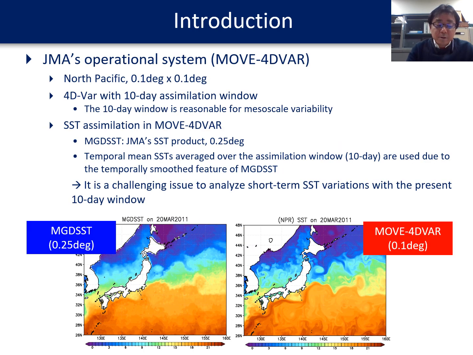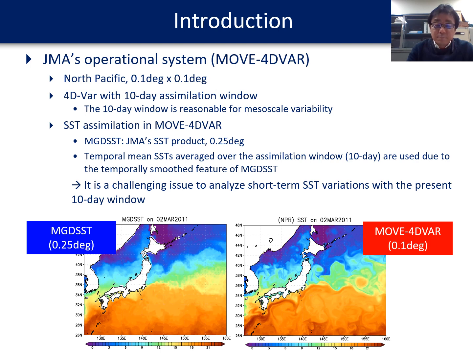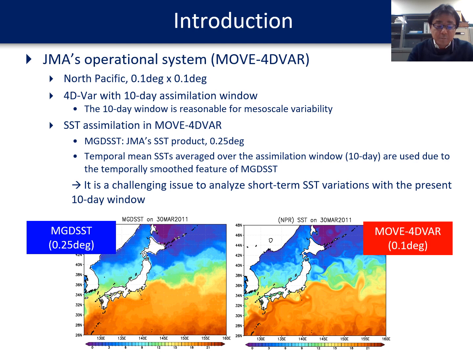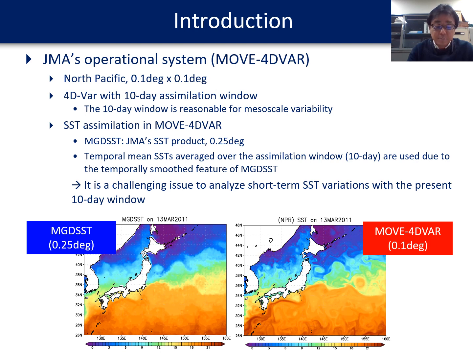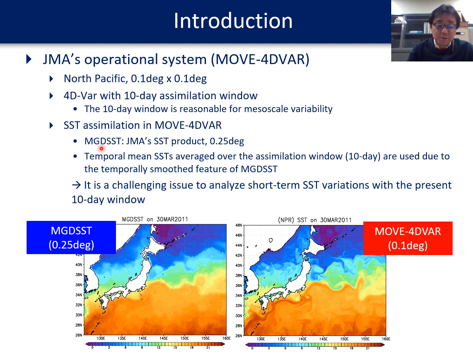JMA has been operating a 4D-Var system, MOVE 4D-Var, based on an eddy resolving model for the North Pacific. In this system, JMA's SST product, MGD-SST, with a resolution of 0.25 degree is used for data assimilation with 10-day assimilation window.